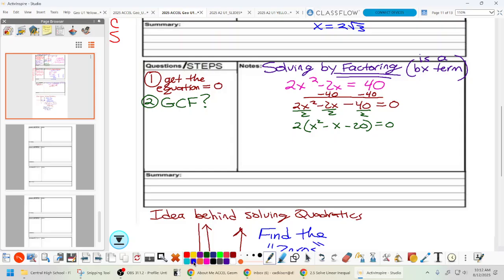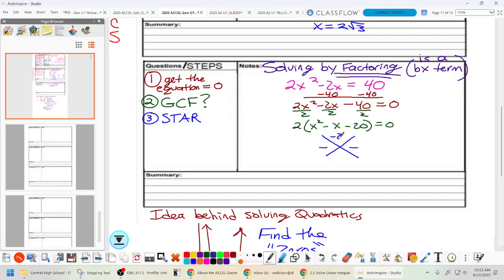Okay, step 3, star. Do we star the GCF or just the inside? Just what's inside. Okay? So we're going to do a little mini star here.